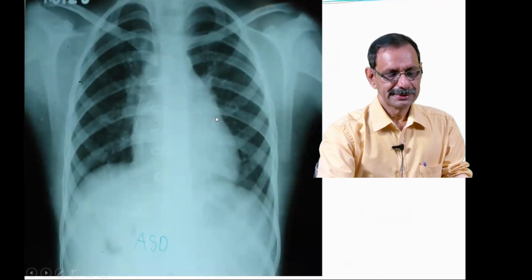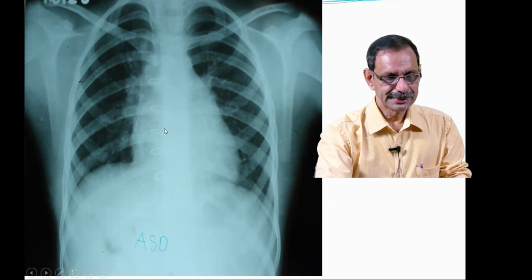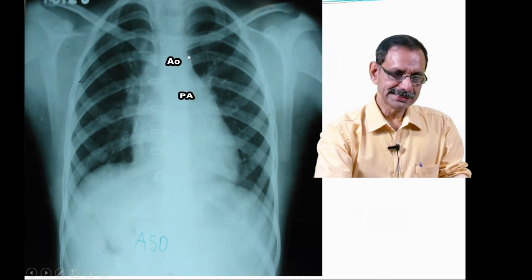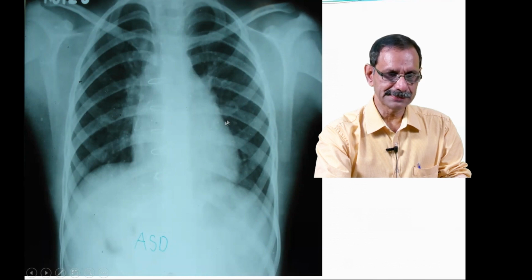Suppose somebody tells us, what is this? You can see the clips here, no? So it is possibly a post-surgical case. So if it is a left to right shunt condition, again you can see this is the aortic knuckle and the pulmonary is prominent. And the left atrium is not enlarged. See, the left atrial appendage is not seen.